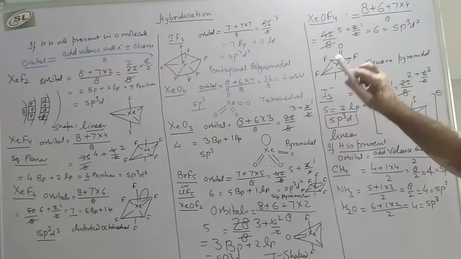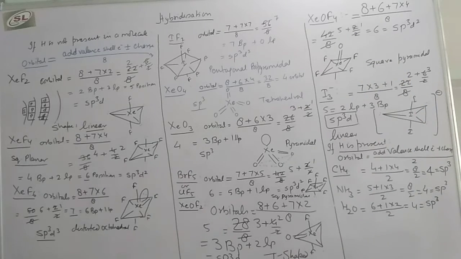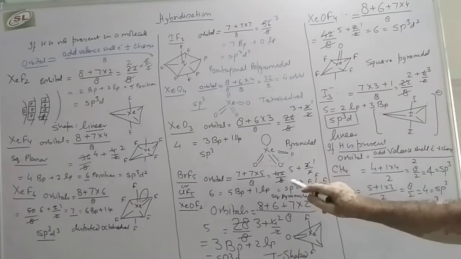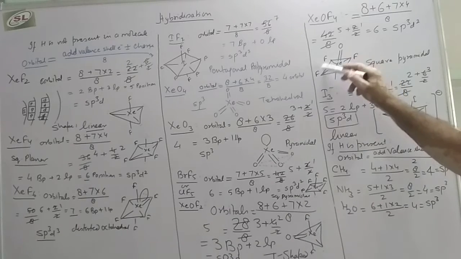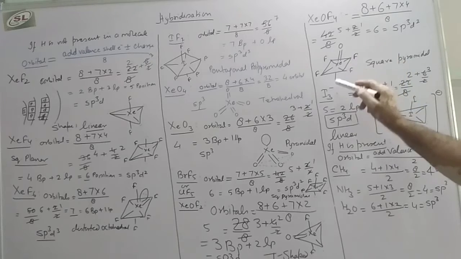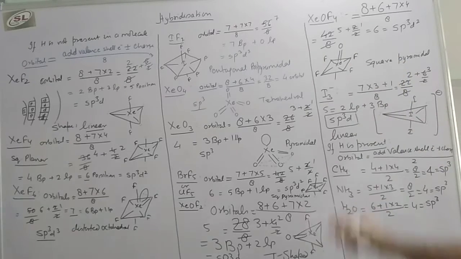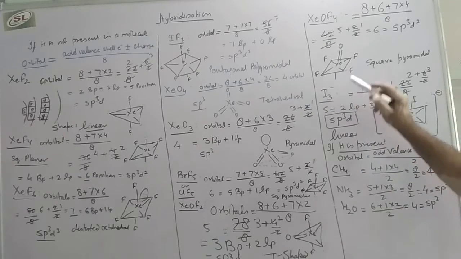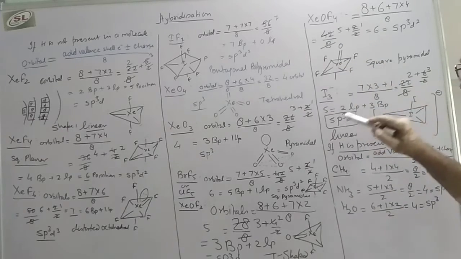In XeOF4, you will see 6 orbitals will take part. sp3d2 will be the hybridization. Geometry will be square pyramidal like BrF5. 4 fluorines on equatorial positions, 1 oxygen at an axial position, and at the other axial position, the lone pair. So it will be square pyramidal.